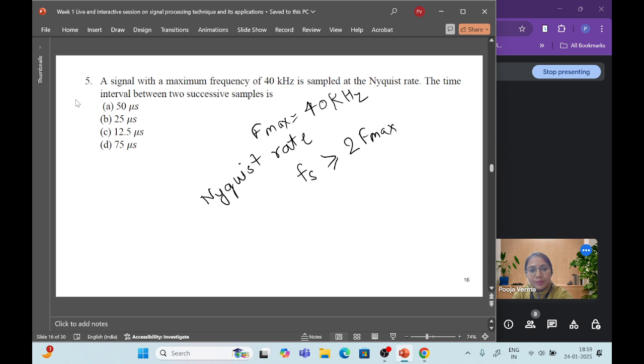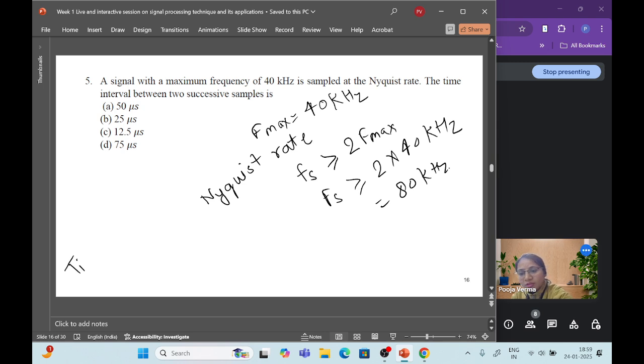So first we will find out the Nyquist rate: 2 into 40 kilohertz, it is 80 kilohertz. Now the time interval between two successive samples.